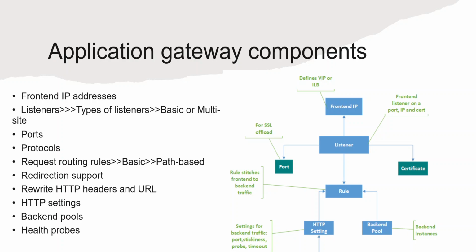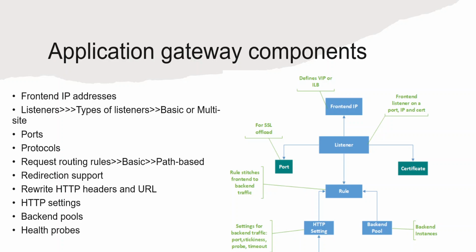Okay, so the listener is a logical entity that checks the incoming connection request. The listener accepts a request if the protocol, port, host name, and the IP address associated with the request match the listener configuration.